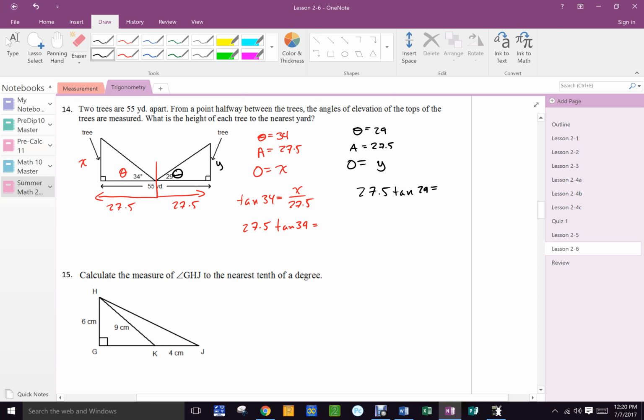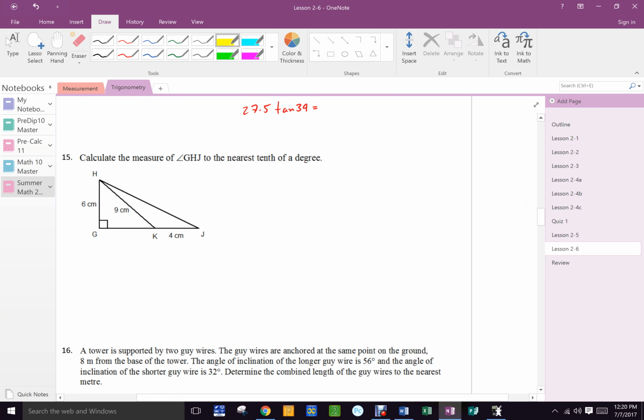And I'm going to leave it like that because it takes time to punch that into my calculator. There's no need for me to punch it into my calculator, because if you can get it to there, you should be able to go 27.5 times tan 29, right? Let's say you forgot your calculator. Of course, I would give you full marks for that. Absolutely, I would.